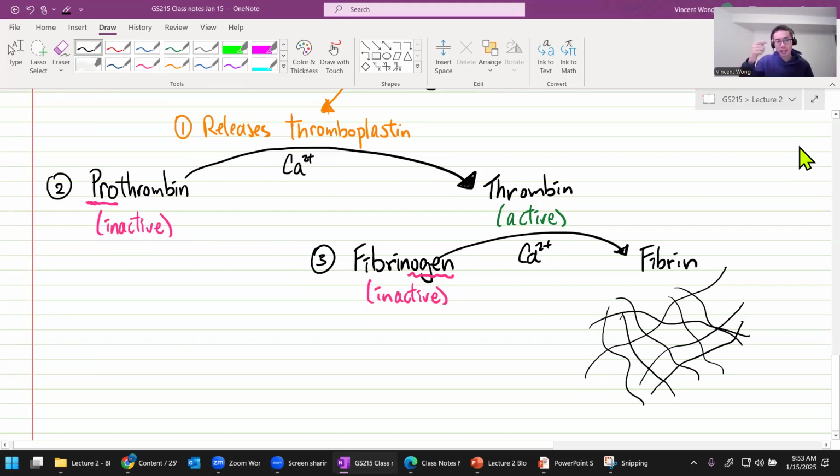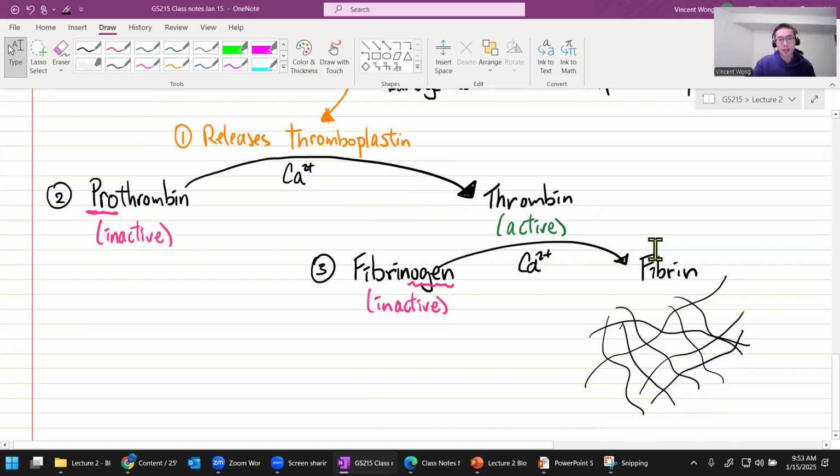After your wound heals, there's a scab, right? And people like to pick at it, and then it bleeds all over again. But that scab is basically made up of fibrin and platelets and trapped red cells, and it basically seals the wound and prevents bleeding to continue, right? So this is the coagulation, right?